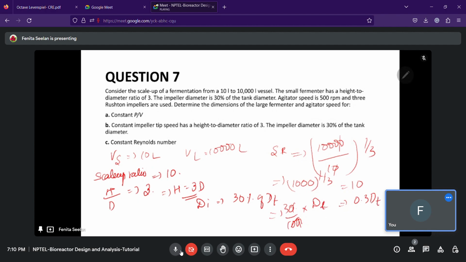Di is equal to 0.3 into dt. So what else is given? The agitation is 500 rpm.